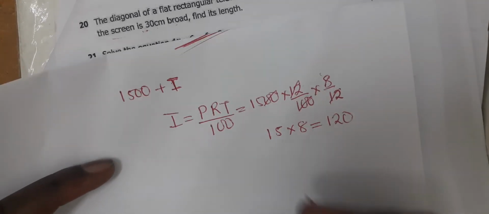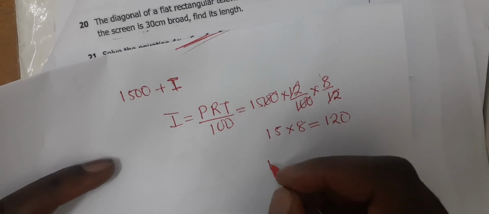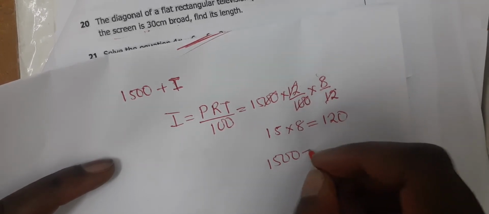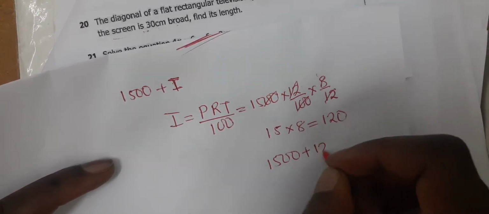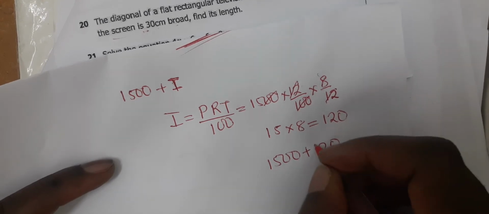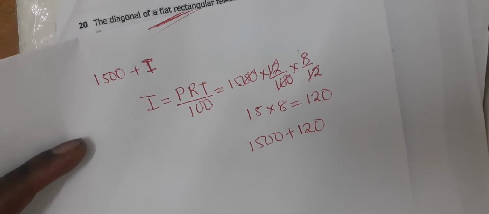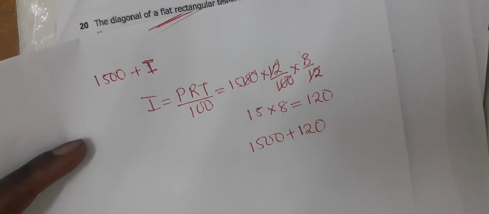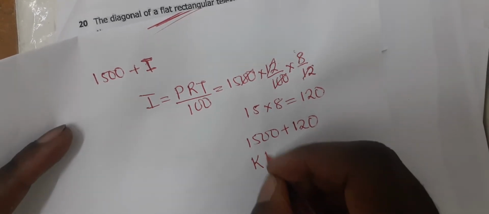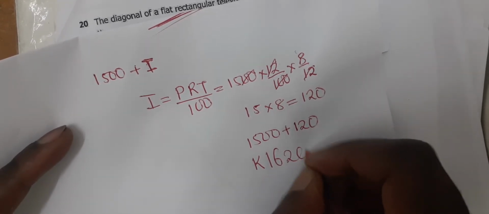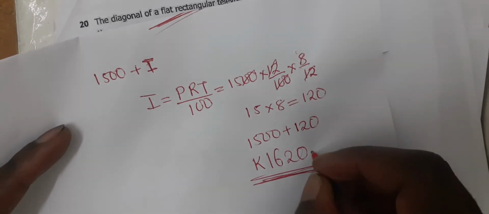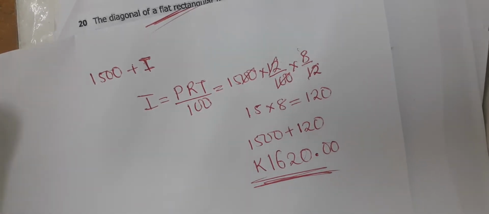So now we know that this person had 1,500, which was her money, and the interest, which is 120. So let's add together. What are we getting? The amount is going to be 1,620 zeds. Okay.